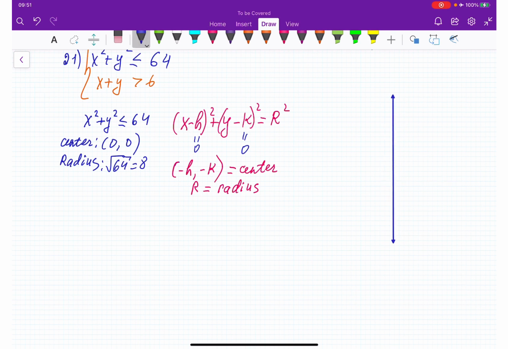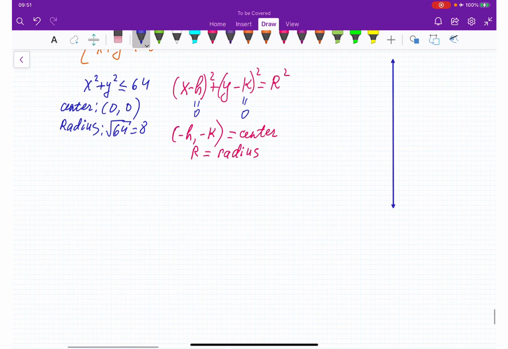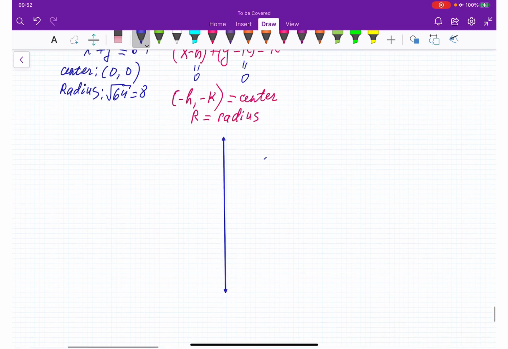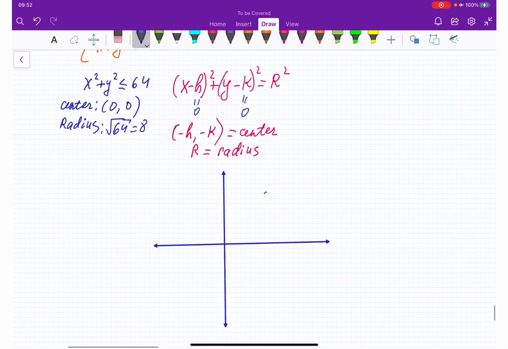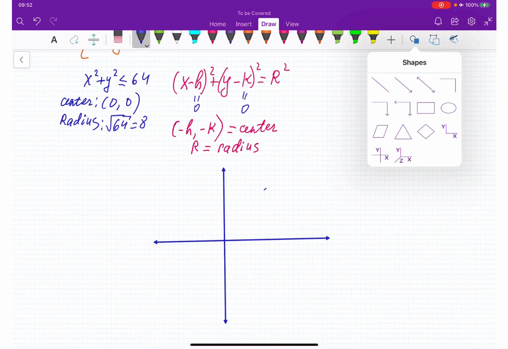Wish me good luck drawing the circle. I think I'm going to move this down to have enough space. This one and this one. And okay, circle.